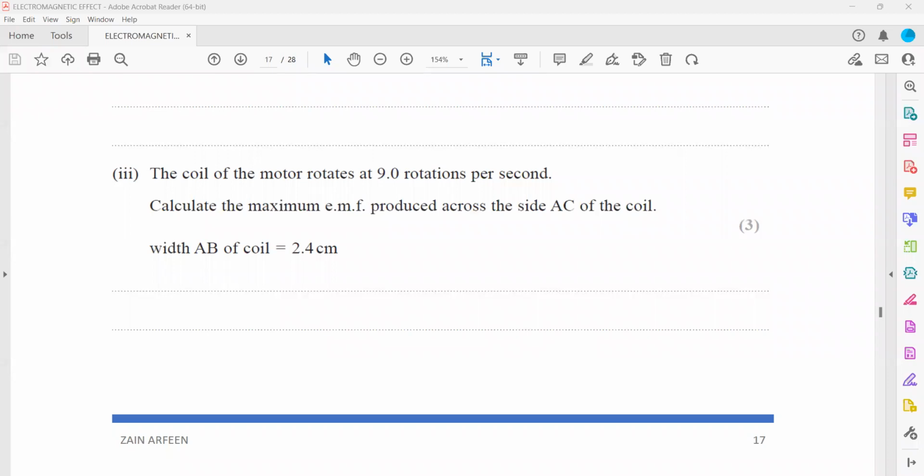So rotation of the coils. We'll find the speed V is equal to 2 pi r divided by t, or we can also use V is equal to R omega.